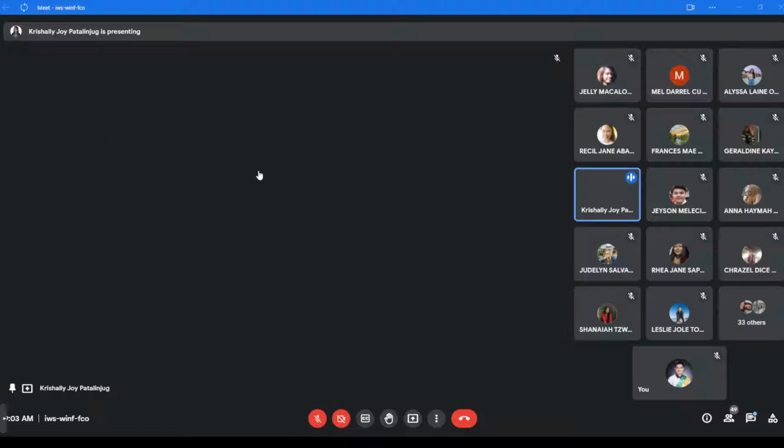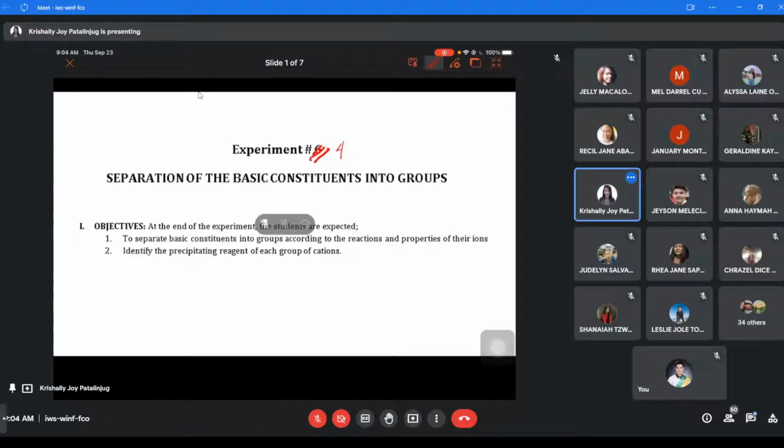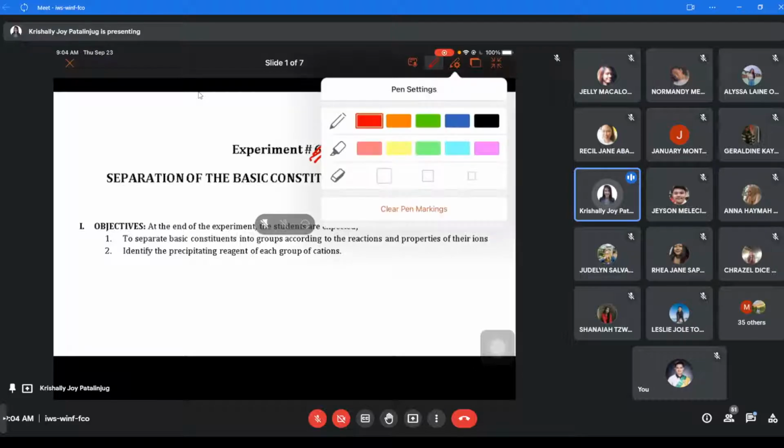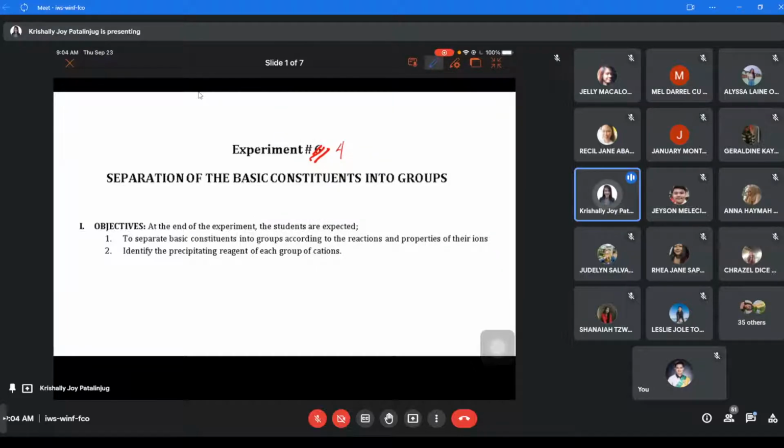Okay, so let me begin the laboratory discussion. This activity is entitled Separation of the Basic Constituents into Groups. In general, this activity follows the concept of qualitative analysis.